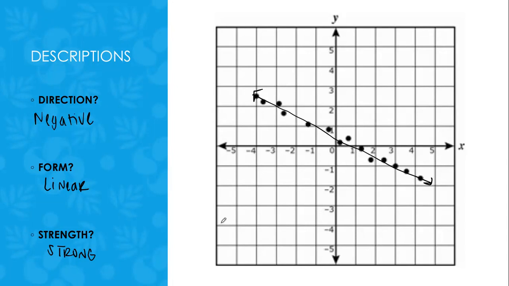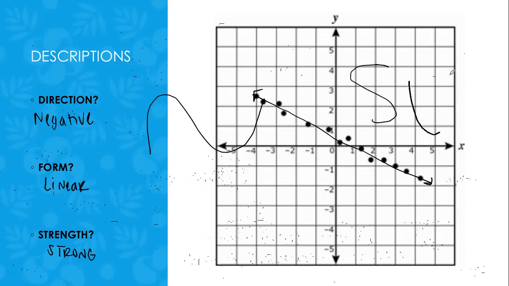Miss Patterson, can you explain a little bit more on why it's linear? Yes. So do you see how I put a trend line through this? And this trend line is a line. It's not going curved or flowing in a curvature direction.